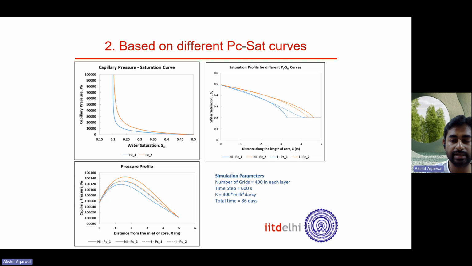Consequently, in the case of interacting layers, the distance between the front locations of both layers significantly decreases. This can be clearly observed from the saturation profile. Also, it is important to note that in the interacting layer scenario, the pressure remains uniform in both the layers, indicating efficient fluid transfer between the layers.